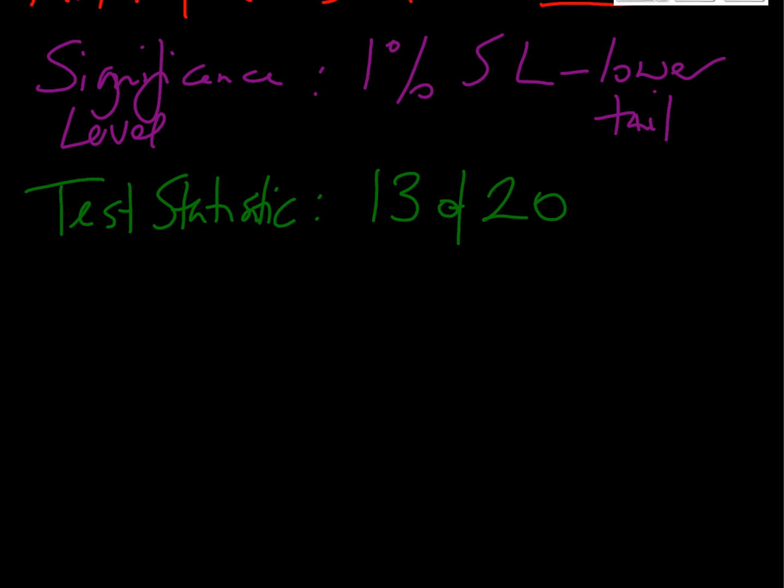So what do we know from that? Well, with the information we had earlier, we know we're using a binomial. We know that the number of trials is 20, and we know that our probability that we were interested in was 0.85. So that's really useful because it's given us our binomial.